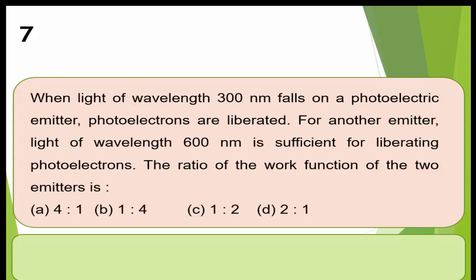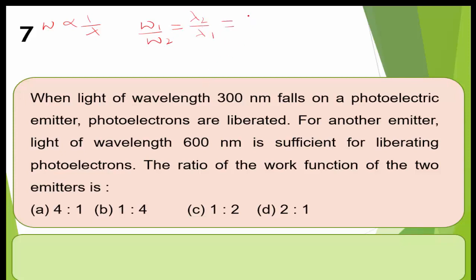Here lambda 1 is 300 nanometer and lambda 2 is 600 nanometer. The relation between work function and wavelength is that they are inversely proportional. You know the formula: W is inversely proportional to wavelength. Now I can write this equation: W1 divided by W2 is equal to lambda 2 divided by lambda 1.